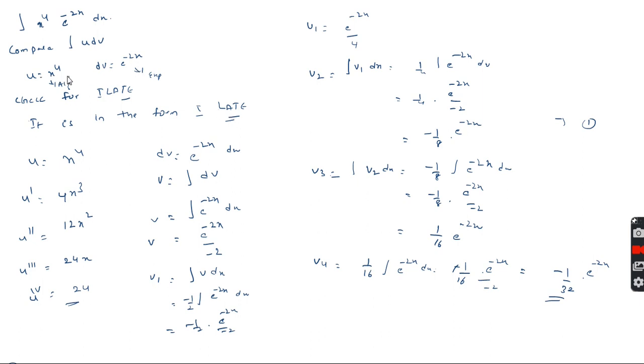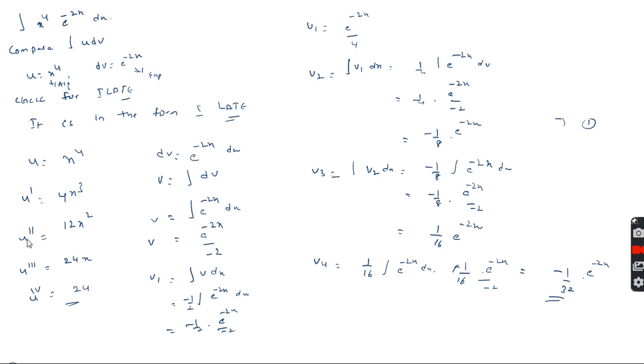And we compare: u is equal to x power 4 and dv equal to e power minus 2x dx. If the degree equals 4, we can find the derivative up to the fourth derivative. u dash is 4x cube. What is the formula for differentiation of x power n? That is n into x to the power of n minus 1.